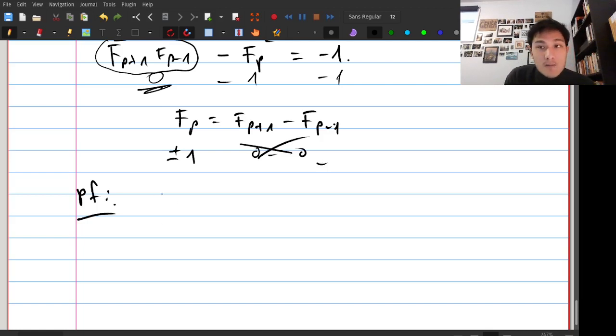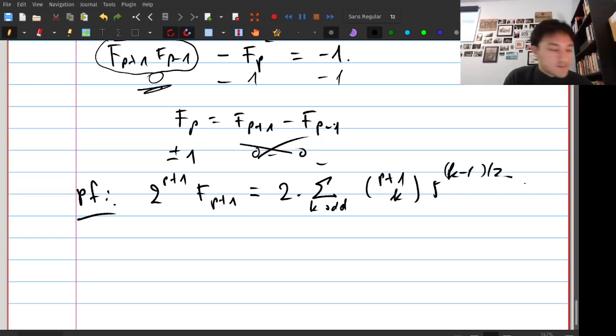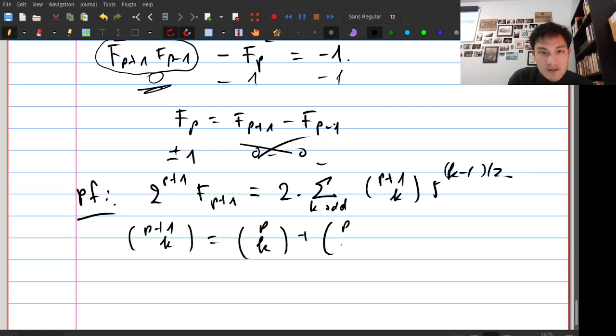How do we do that? Well, we'll apply the formula, the lemma, to p plus 1. So 2 to the p, p plus 1, is equal to 2 times the sum over all k odd of p plus 1 choose k, 5 to the (k minus 1) over 2. Now, p plus 1 choose k is equal to p choose k plus p choose k minus 1.